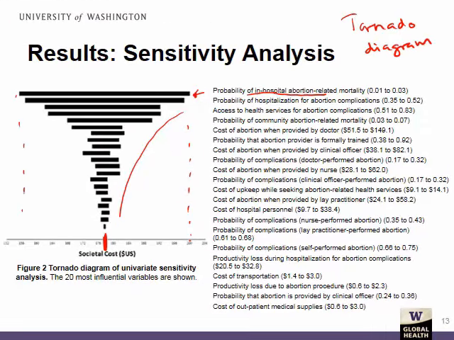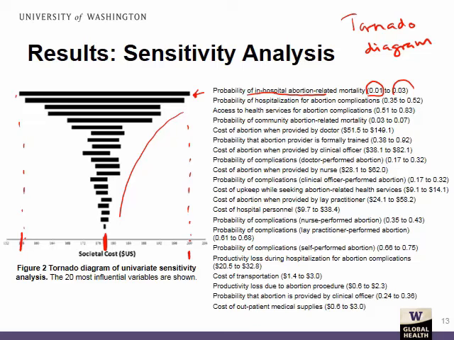If you had the probability of in-hospital mortality at 0.01, then the societal cost of induced abortion would go down to $156. And if you increased the mortality to 3%, then the cost would go up to $200. So this is how you present a sensitivity analysis.